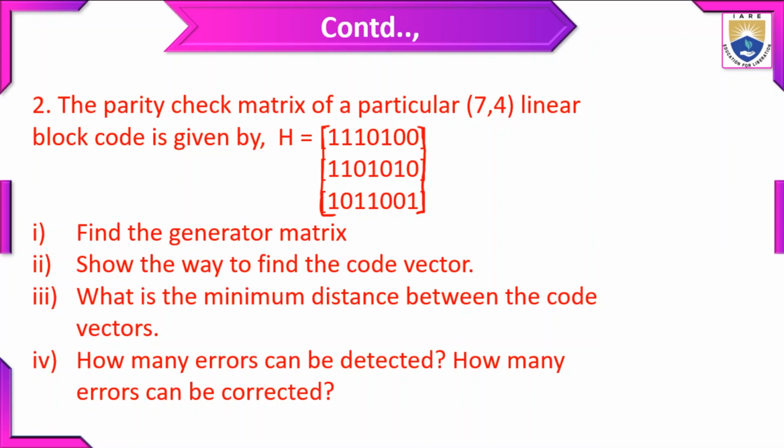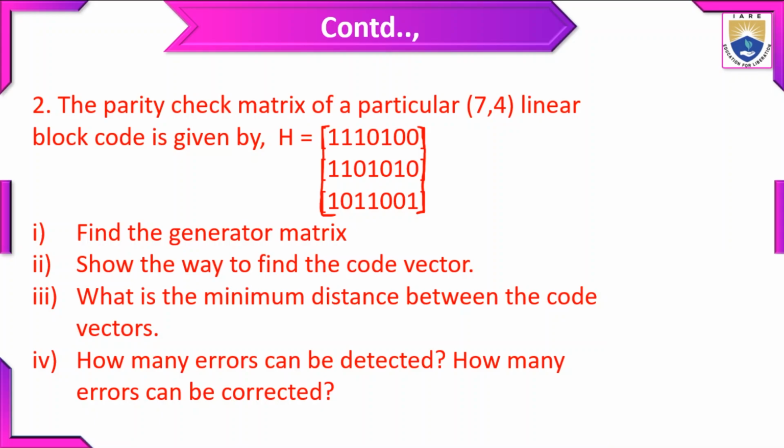So in this problem, they gave all the concepts in the block code. In any block code, there is a generator matrix, there is a parity check matrix, and there is the minimum weight or minimum distance between the codes. That is nothing but the weight: how many non-zero elements there are.